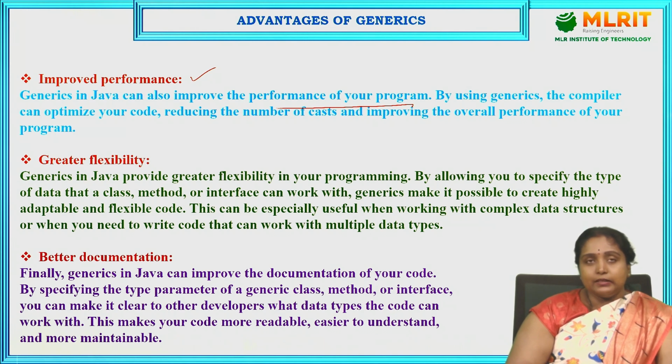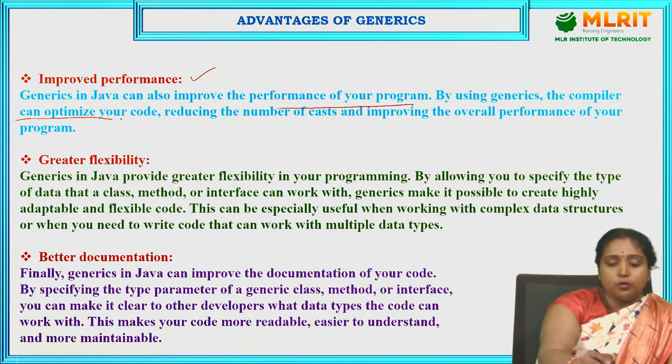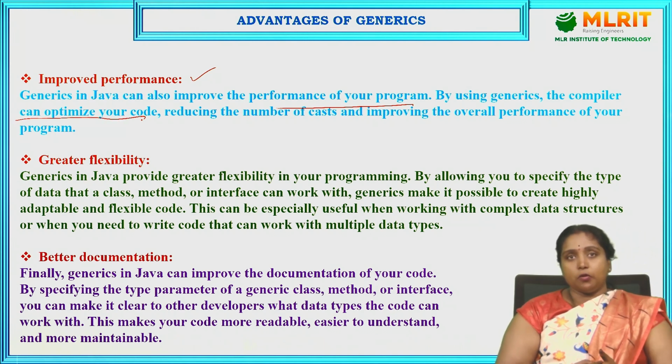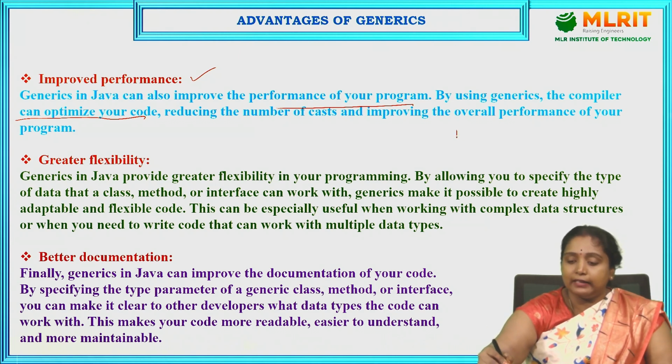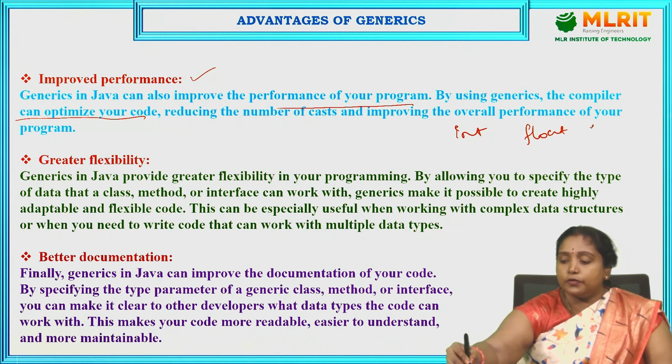The compiler can optimize your code. So you are optimizing your code, because if you are writing for n number of data types, a single program for addition of 2 numbers, I can write a code for integers, a code for float and a code for double.